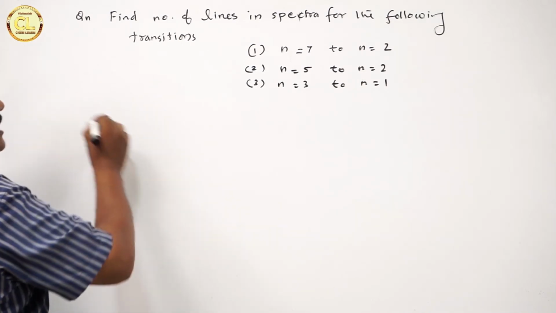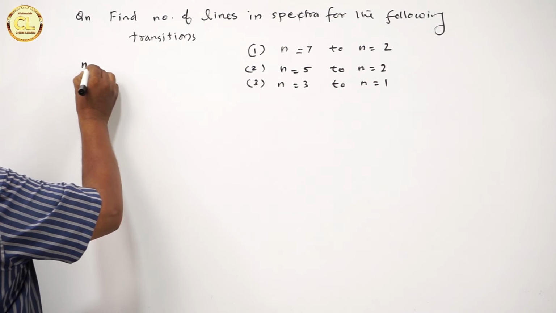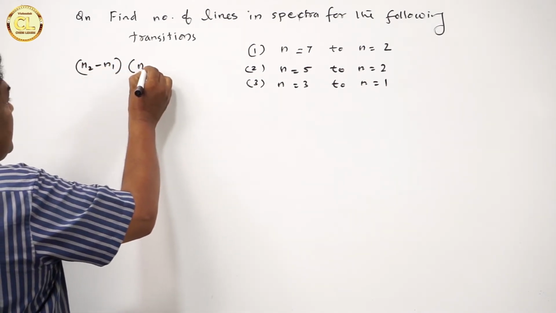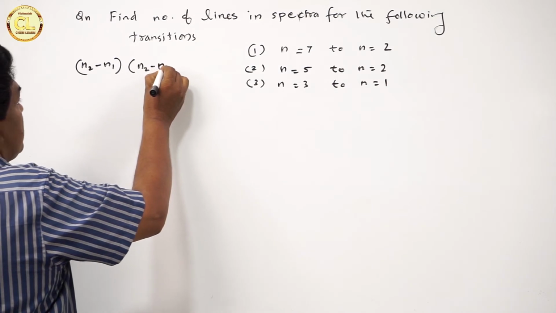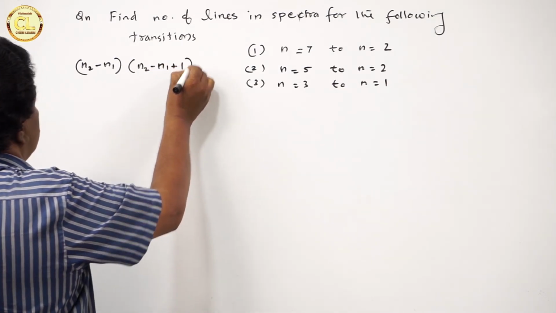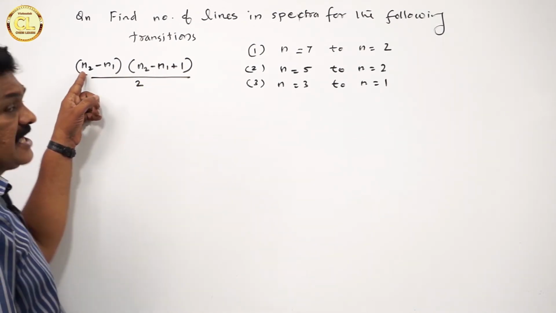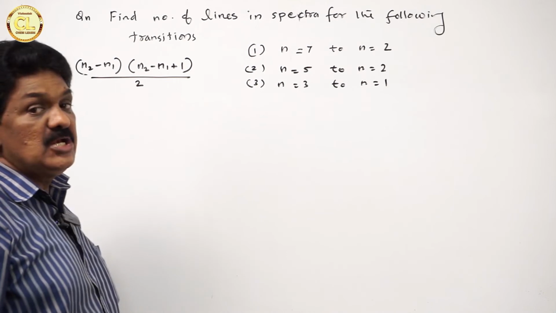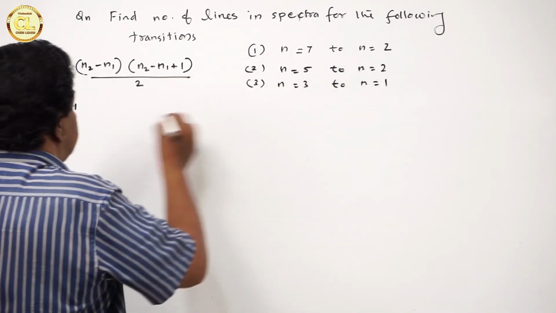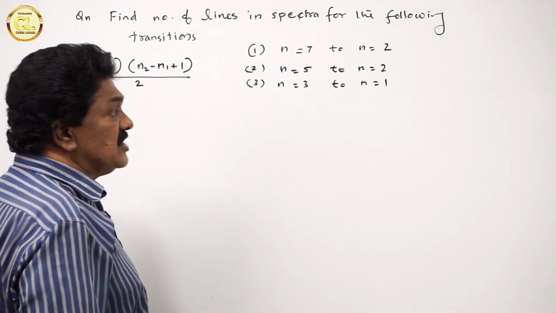In order to calculate the number of lines, we can use the formula n2 minus n1 into n2 minus n1 plus 1, the whole divided by 2, where n2 is a higher value and n1 is a lower value. Let us check for the first transition, that is n is equal to 7 to n is equal to 2.